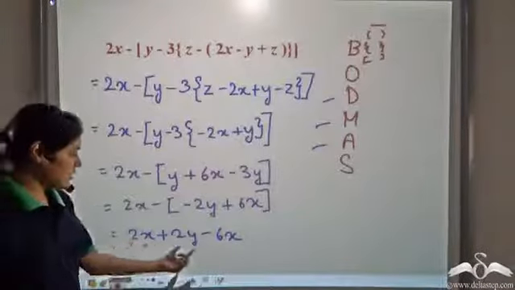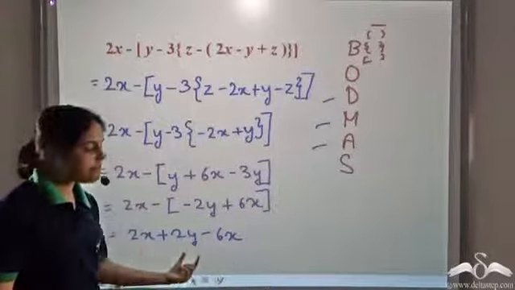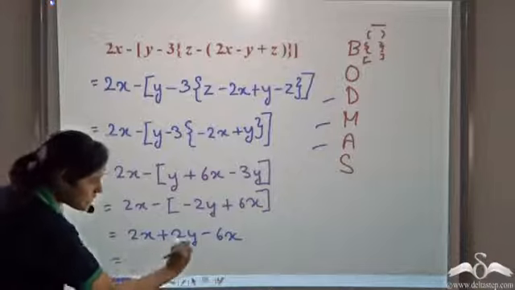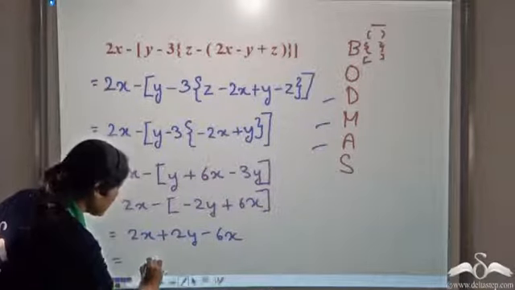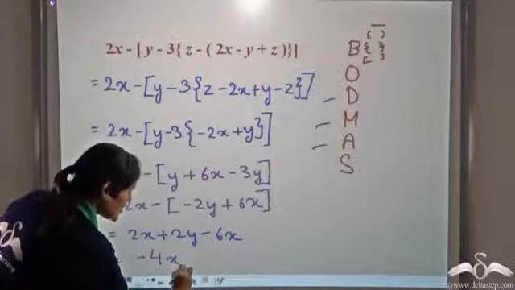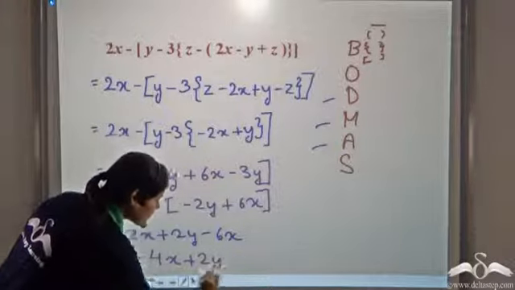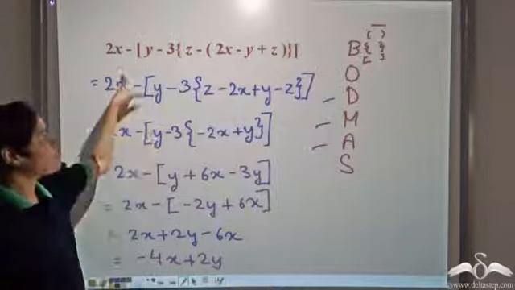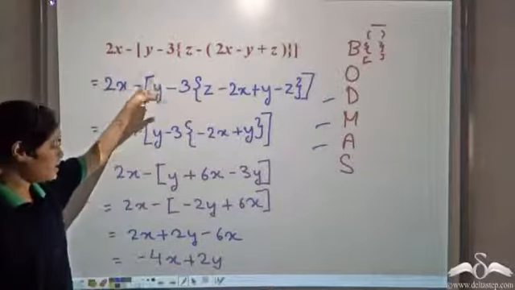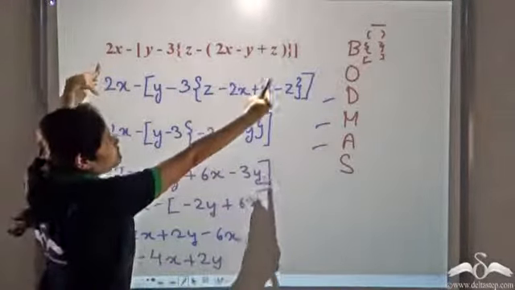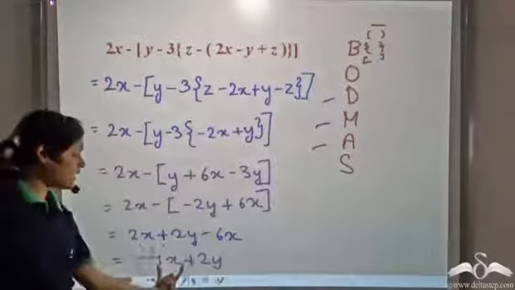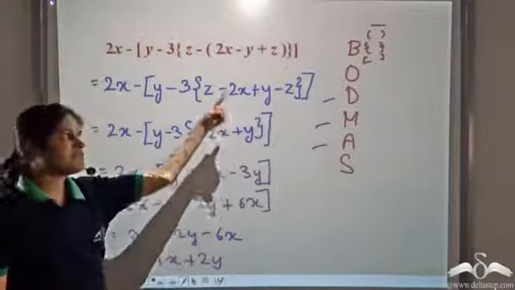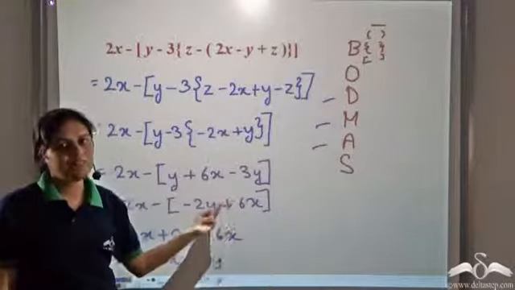So 2x and 6x, we need to combine the like terms. We get 2x minus 6x, minus 4x plus 2y. So this is the answer, and this is how we simplify expressions. We see that an expression which was huge has become concise, containing just two terms, if we followed the set of rules and simplified it.